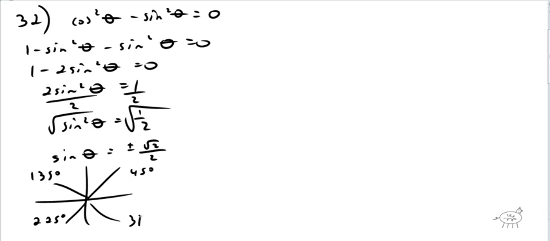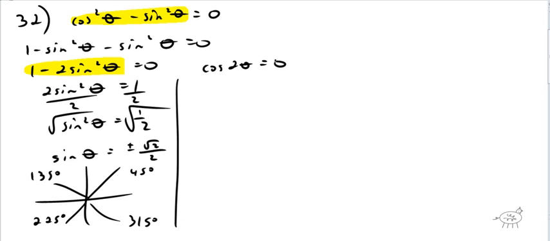225, and 315. Okay, now I'll tell you another way you could have done this, math fans, is you could have recognized this one as what? Cosine of 2 theta, right? So I could have done cosine of 2 theta then equals 0. Well, that's pretty easy too, because where is cosine 0? Well, first of all, it's double the number of answers. So do you guys agree 2 theta is equal to 90 degrees?